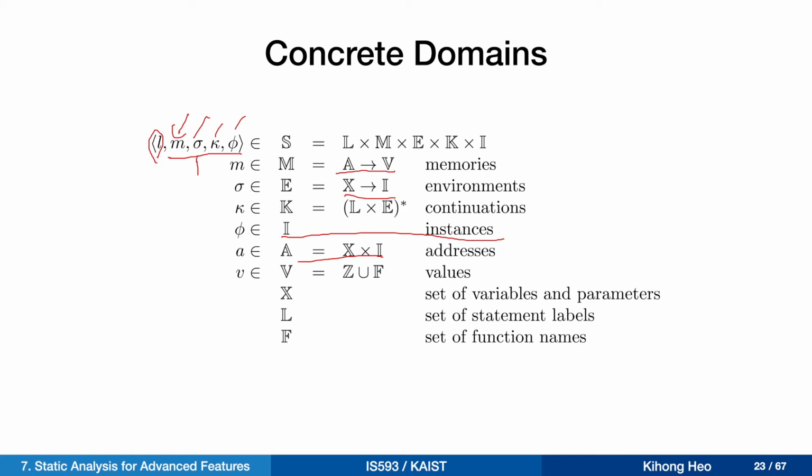So for each function call, we will make a new environment. You can think of how a conventional program execution makes a new stack frame to make a new environment for local variables. The next thing is continuation, which is a list of pairs of a label and an environment.